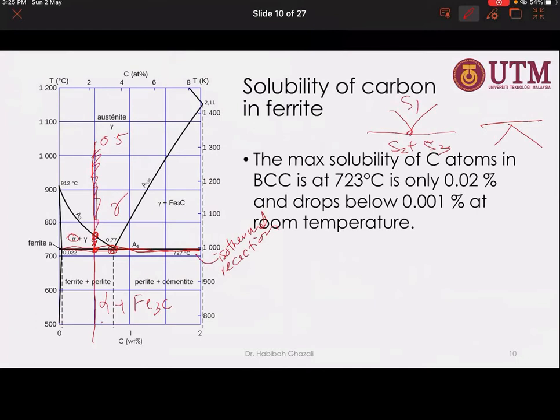So now it's reduced to this temperature and entering this region where the new phase forms, which is ferrite, and after it reaches this horizontal line, there is a constant temperature that allows austenite to transform into pearlite, or ferrite combined with cementite.